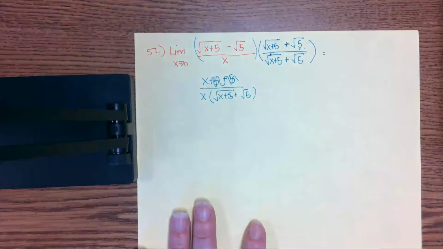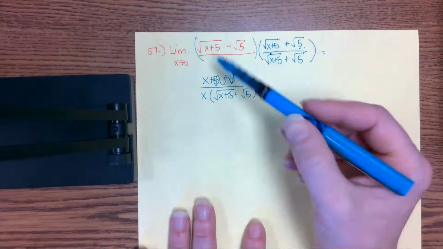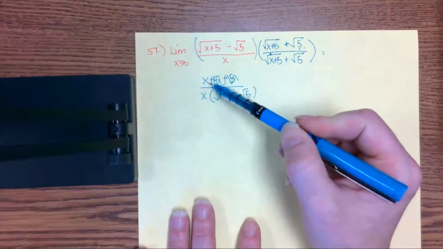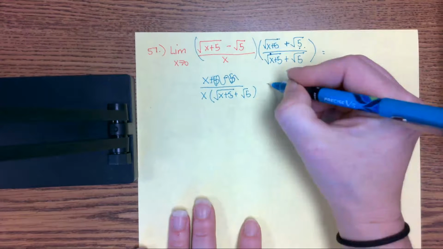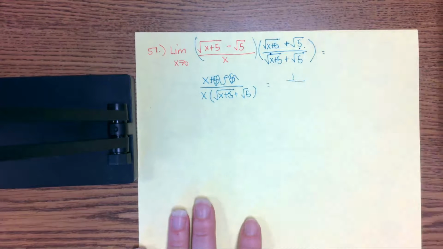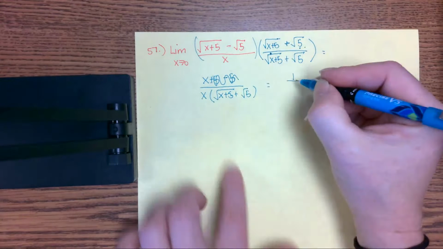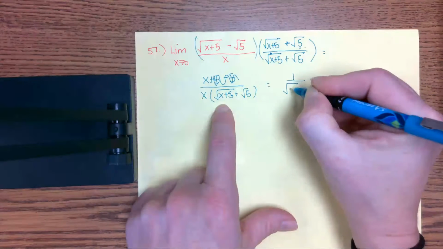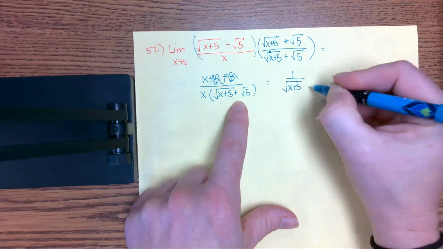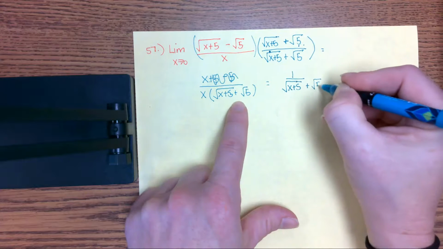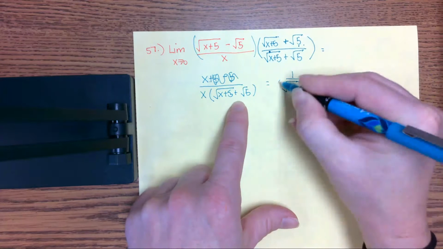Plus 5 minus 5. Also, do you see that I have just x on the top and I have a factor of x on the bottom? So this is going to reduce to 1 over the square root of x plus 5 plus root 5. And that's all on the bottom.